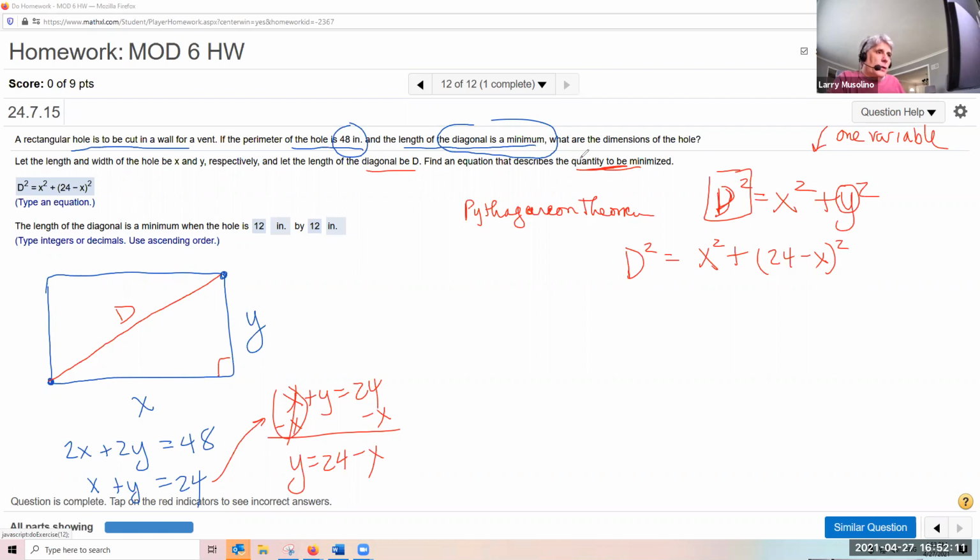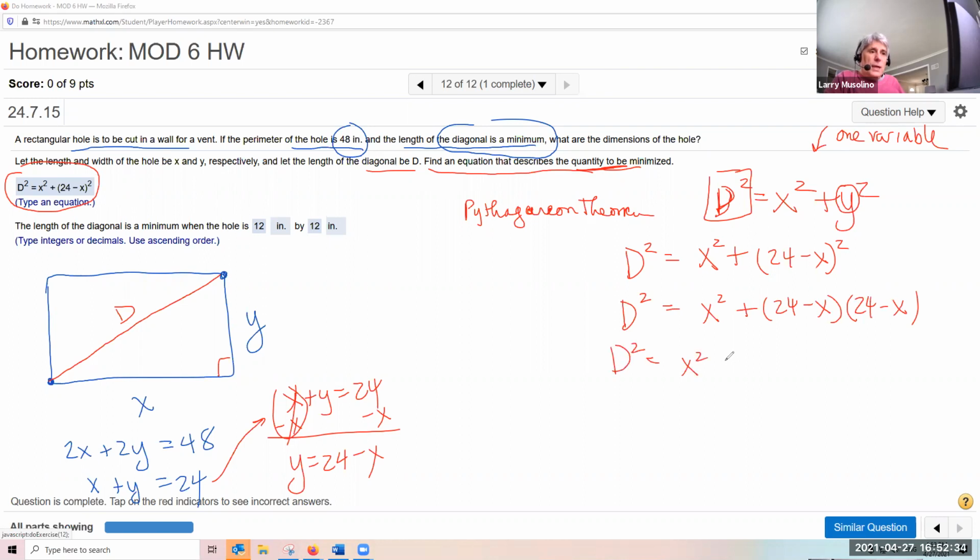It says write the equation to be minimized. Well, this is the equation we just wrote. Let me multiply this out because I want to take the derivative. I'm going to multiply this as 24 minus x times 24 minus x.